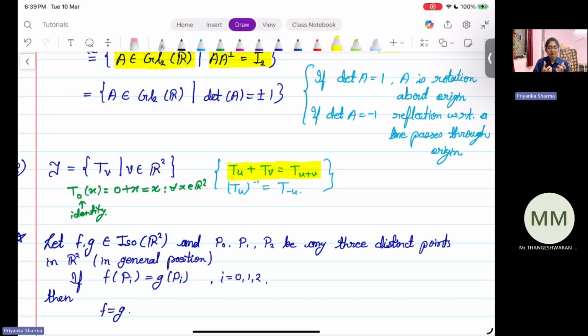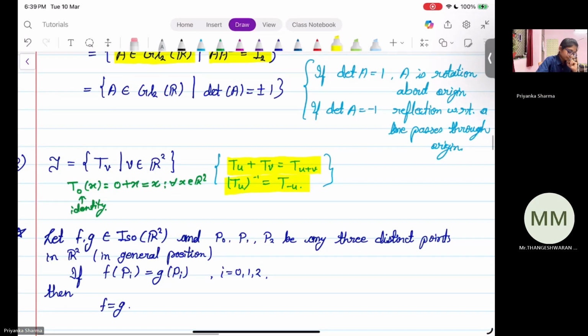This is the same as the translation of the point by u plus v, that is T_u plus T_v is T_(u+v). And how do we define the inverse? The inverse of T_u is T of minus u.